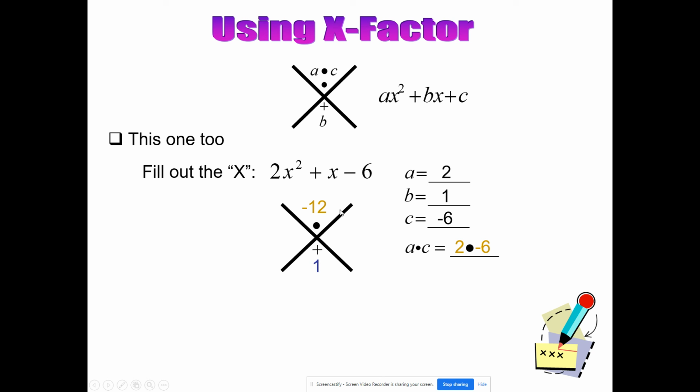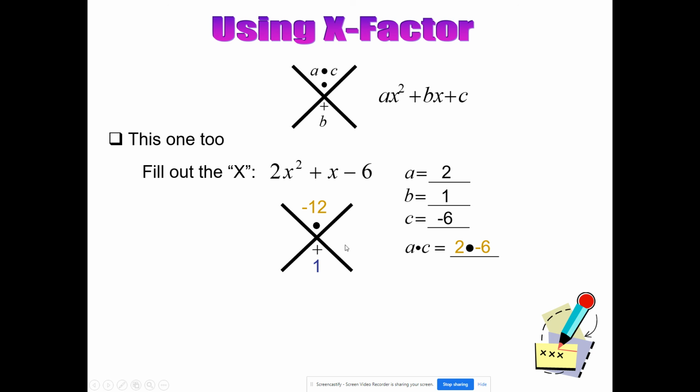Okay, so think about two numbers that multiply to -12 that add to 1. So remember, this is negative, so you're going to have a combination with a positive and a negative number. You want your bigger number to be positive because when you add, you end up with a positive 1. So 4 times 3 is 12, and 4 minus 3 is 1.